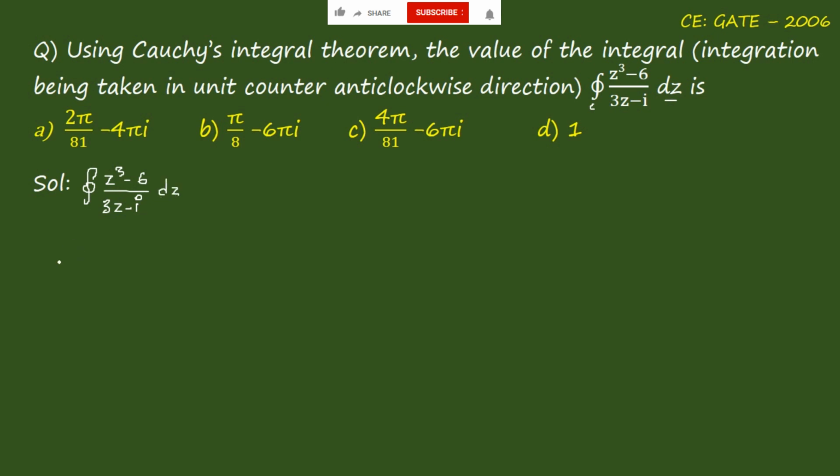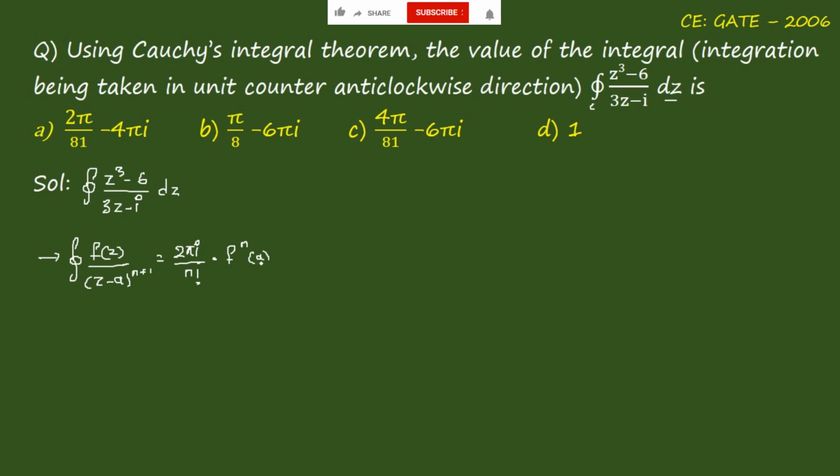You have to know the Cauchy's integral theorem given as the integral over a closed curve of f of z by z minus a whole power n plus 1 is equal to 2 pi i by n factorial into f n of a.